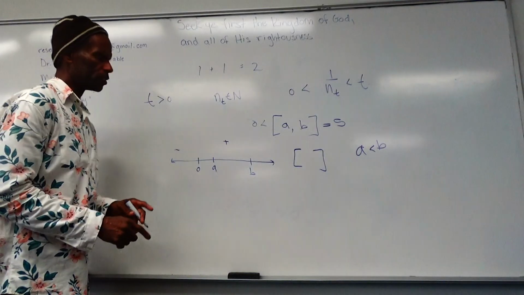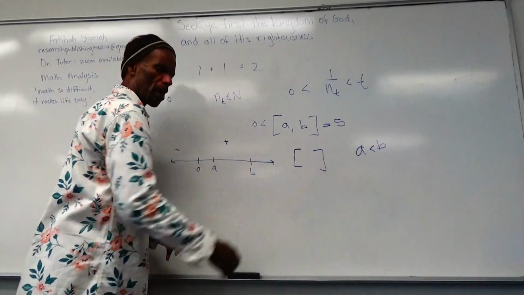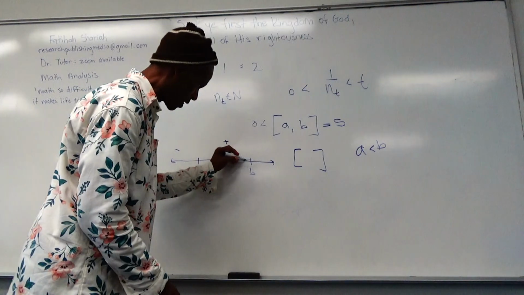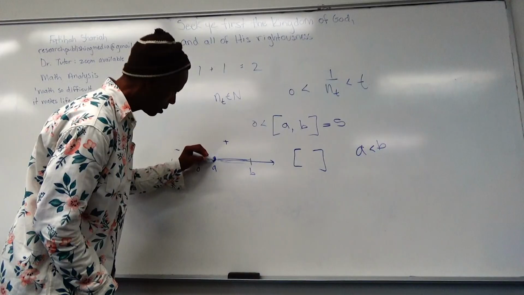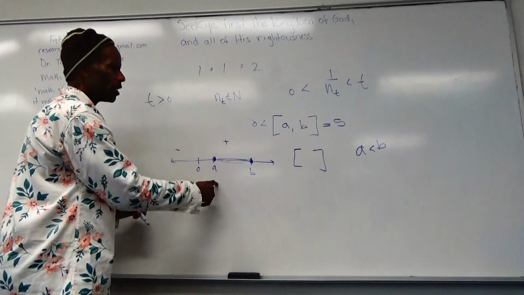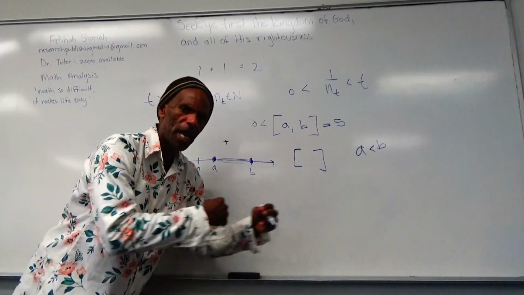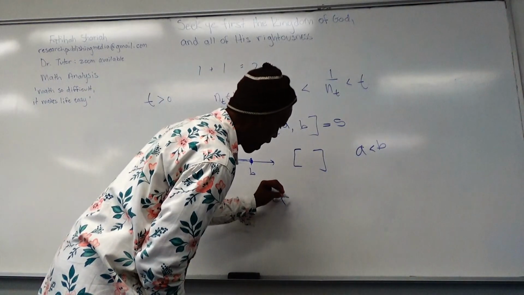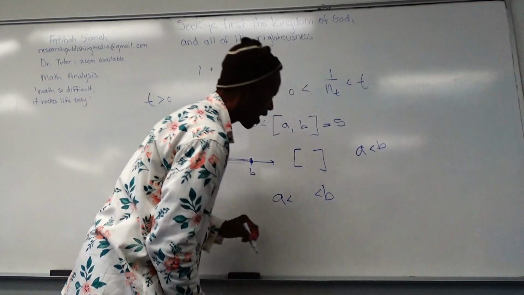My whole point is this. When you use the square brackets, everything inside of the brackets, everything between A and B, listen now, there's some space between A and B, but we're also including A, and we're also including B. And because A is less than B, and because there's some space in between A and B, that means that A is the lowest value and B is the greatest value.